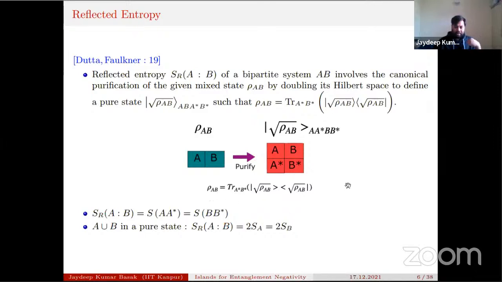Then S_R is defined as the von Neumann entropy of A A star, or equivalently of B B star. Now, if A and B start in a pure state, the reflected entropy is going to be twice S_A, or twice S_B.